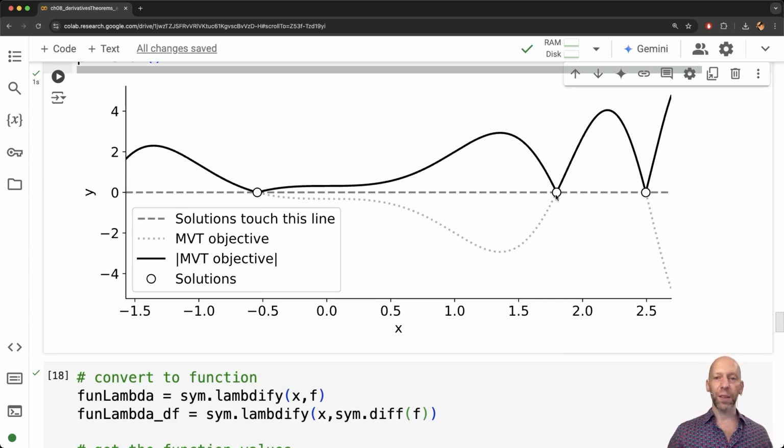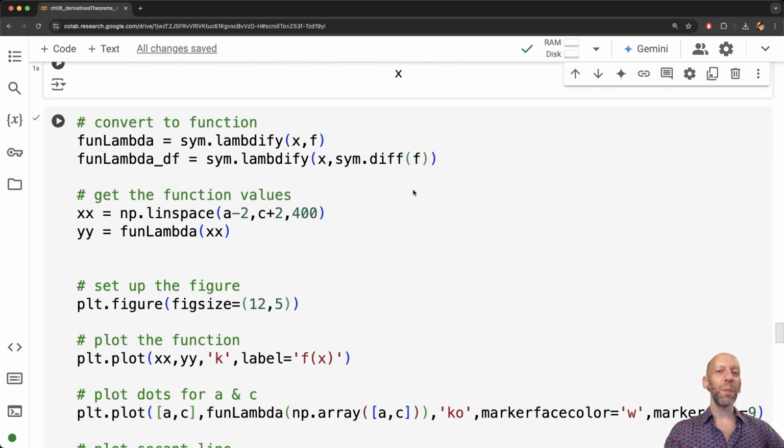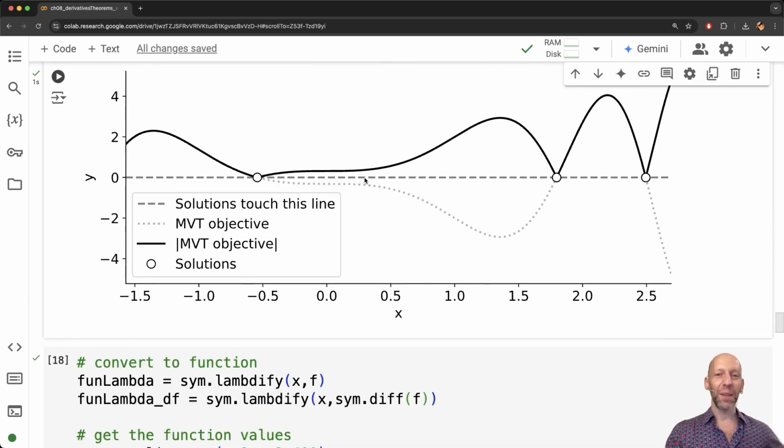That's the theory. We want to know where this function equals 0. But in practice, a better way to find that is by searching for the peaks of the negative of the absolute value of this objective function. Okay. Now we have the 3 solutions, right? So this gives us the solutions to the mean value theorem problem.